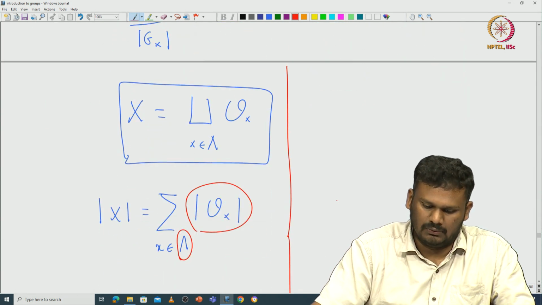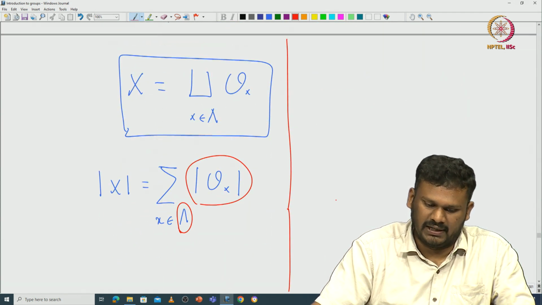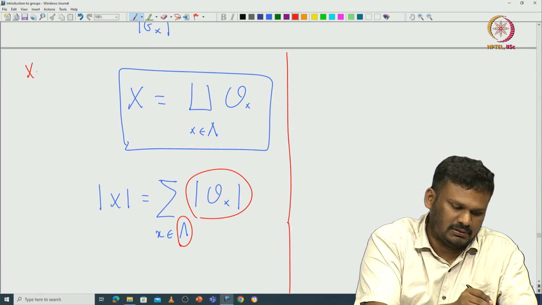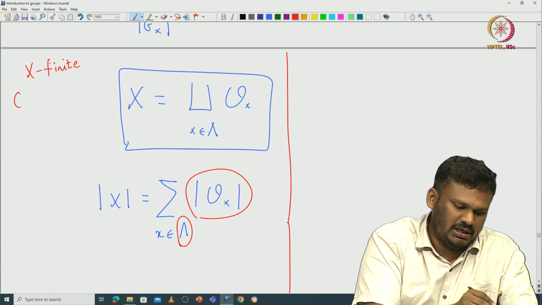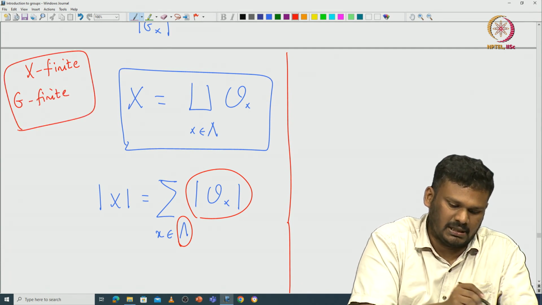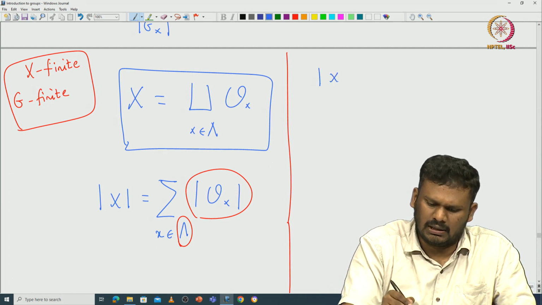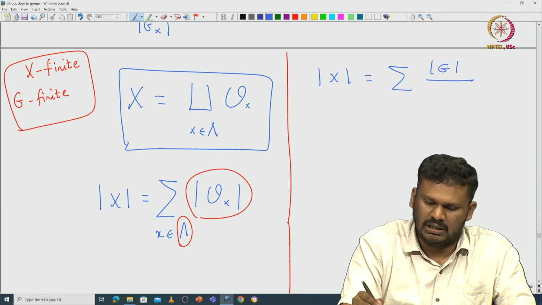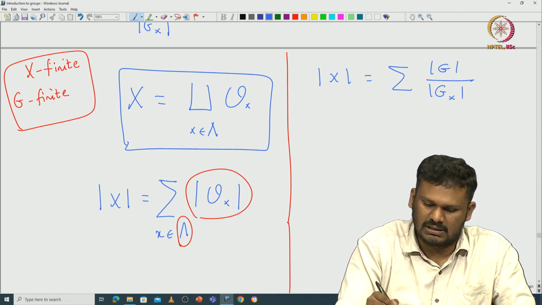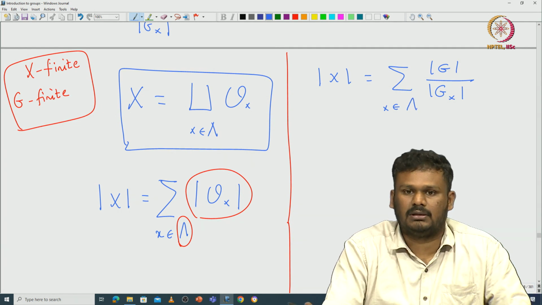Now if everything is finite, let us say X is finite and G is finite, in that case we can make a very precise statement about the cardinalities. So, the cardinality of X equals the summation of the cardinality of G divided by the cardinality of G_x, where x comes from capital Lambda.